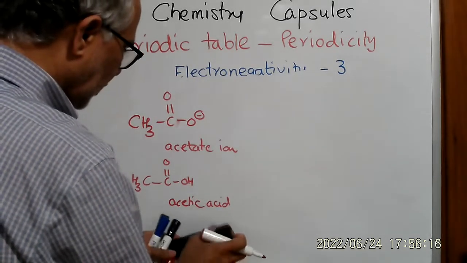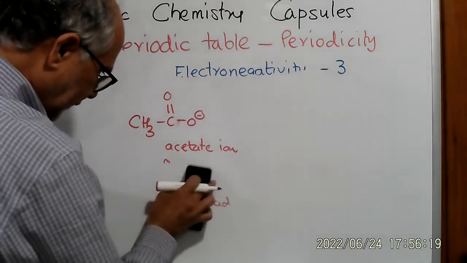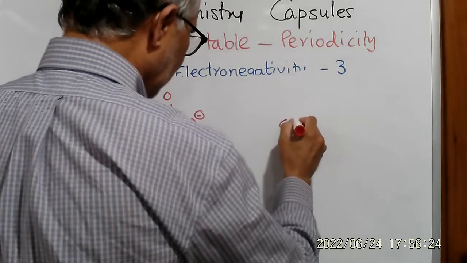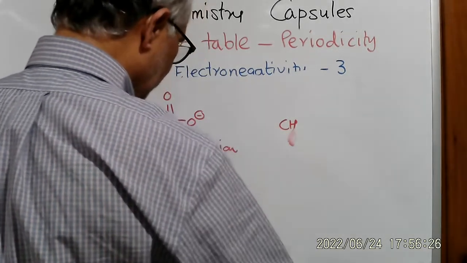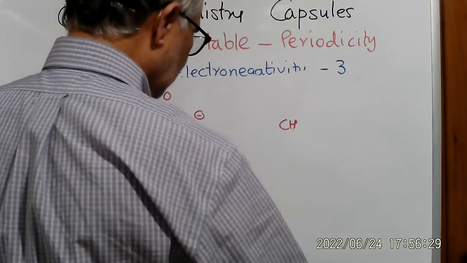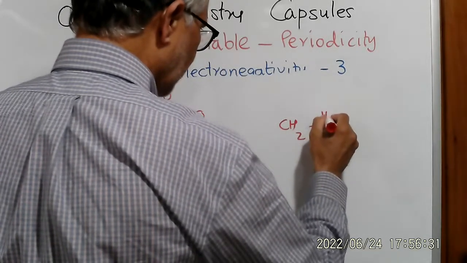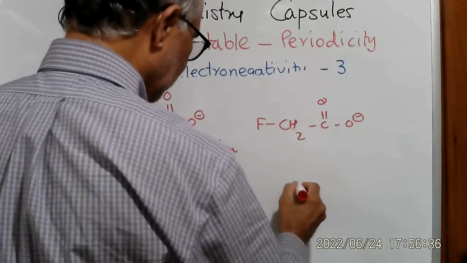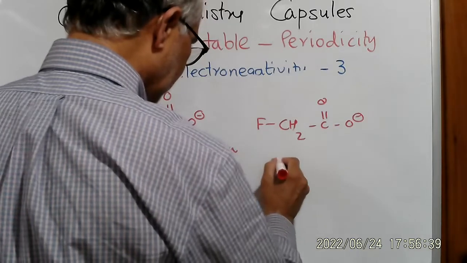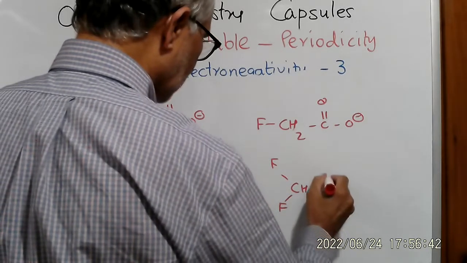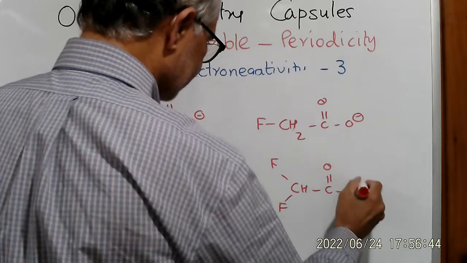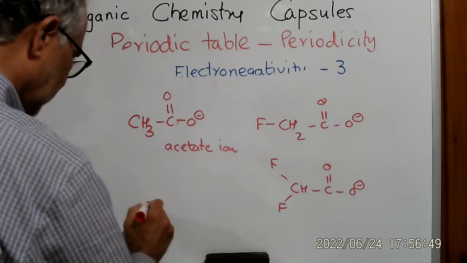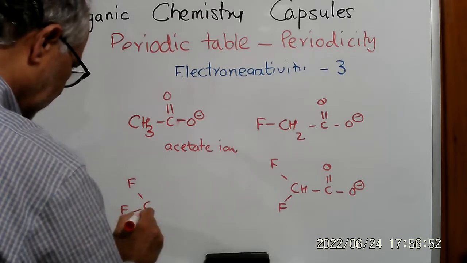We take the ion derived from acetic acid as our starting ion here, and then let's say I'm going to put CH2 COO minus, but I'll put a fluorine there, and now I will put two fluorines, and then another example compound or ion is this.